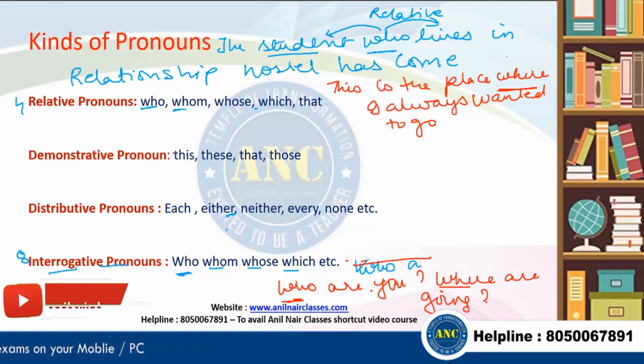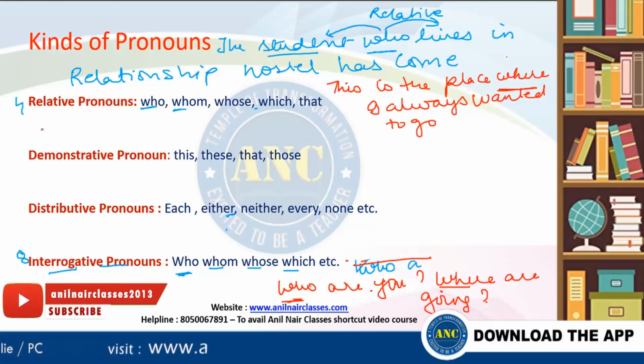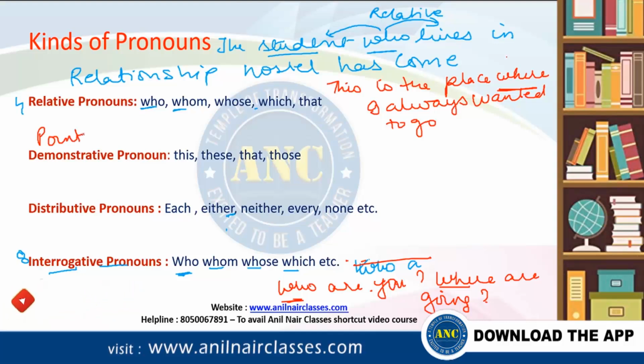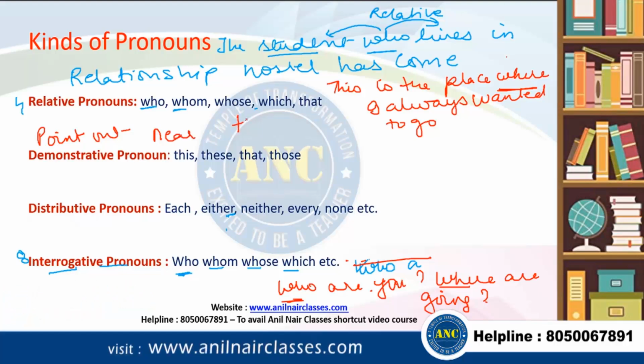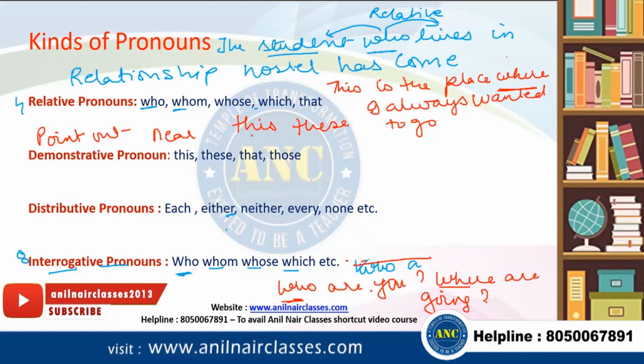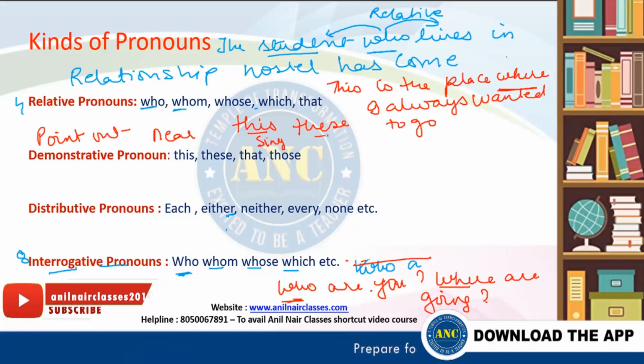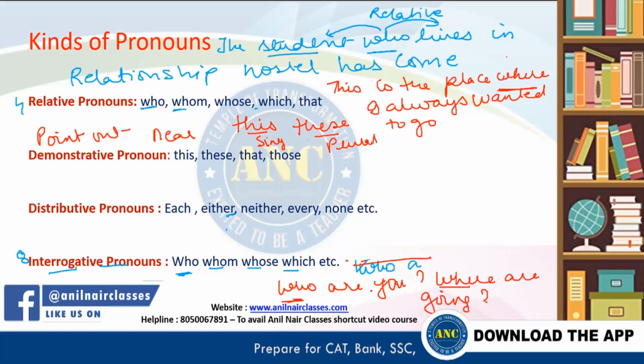Now demonstrative pronouns are the words where we can point our finger and talk about things. When we talk about nearby things, we use pronouns like this and these. This is used for singular, whereas these is used for plural.